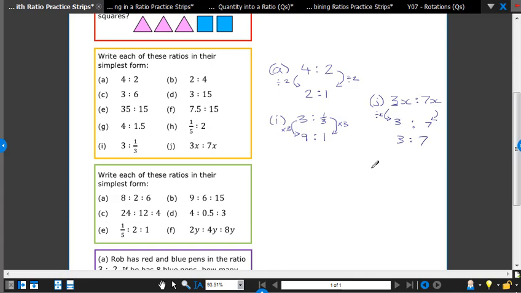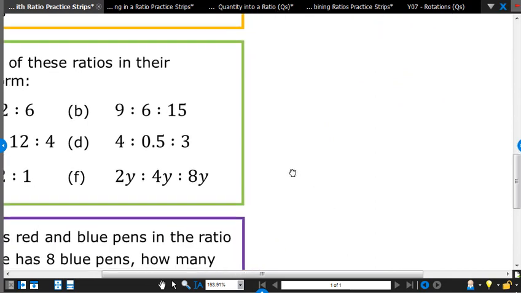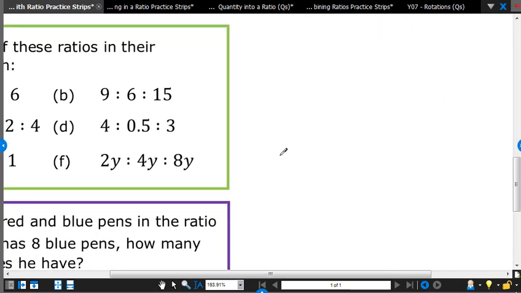With these ones, let's have a look at B, D and F. So B, we have 9 to 6 to 15. The common factor here is 3, so we're just going to divide them all by 3.